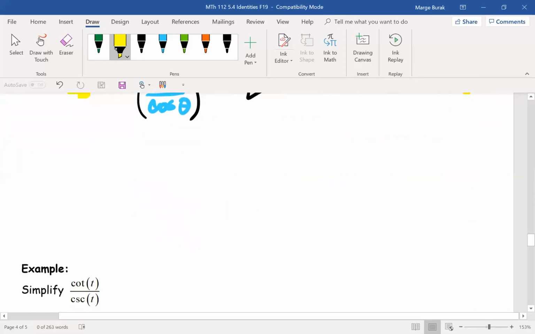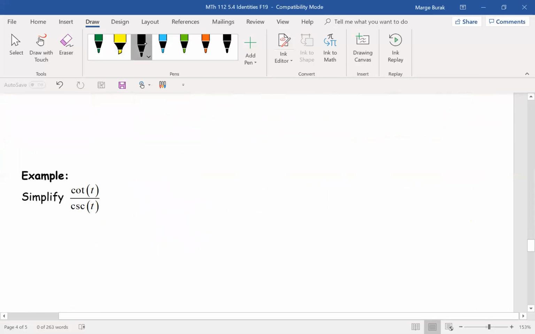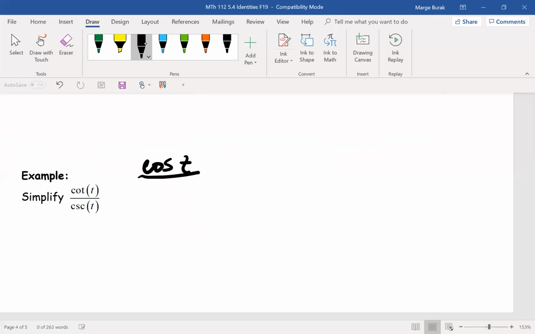Okay, let's try another one. Again, we're going to see what the sines and cosines are. That's our first trick. So cotangent is 1 over tangent, but it's also cosine over sine. You can get that from the identities. Cosecant is the reciprocal of sine, so that's 1 over sine.